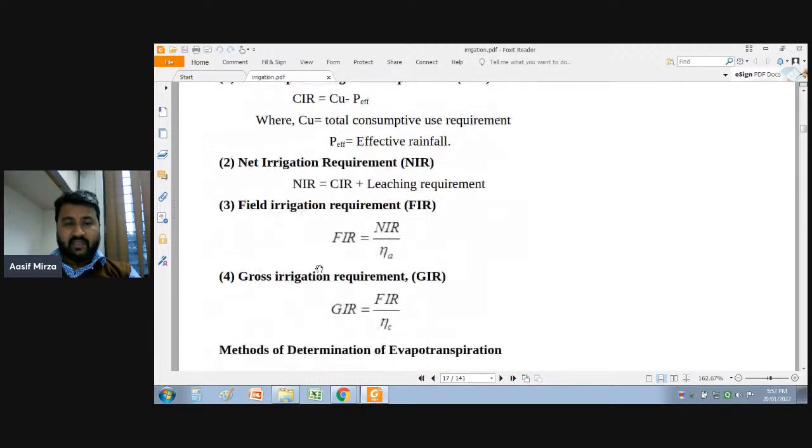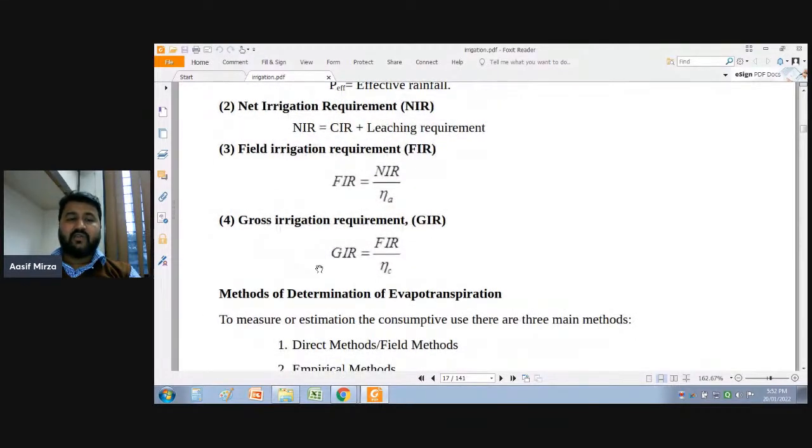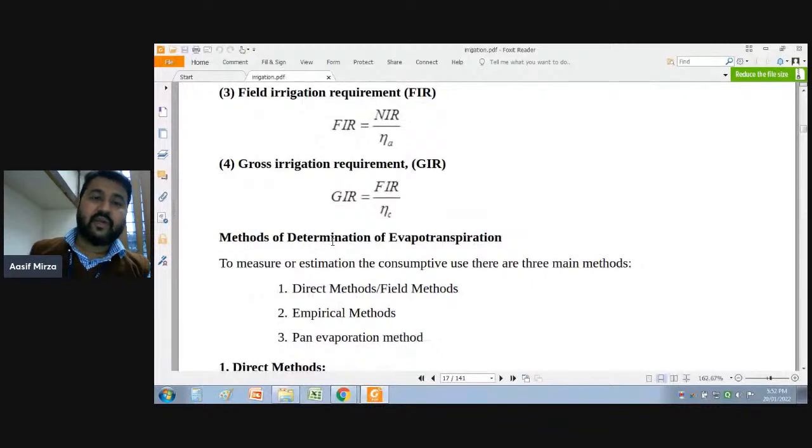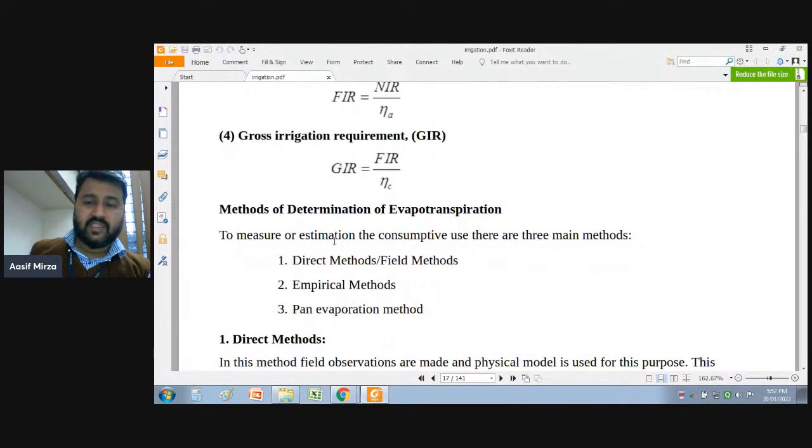Gross irrigation requirement GIR is equal to FIR divided by Nc. So you have to remember these four equations for solving questions on gross, field, net, or consumptive irrigation requirement, on the basis of which questions may be asked in the GATE examination.